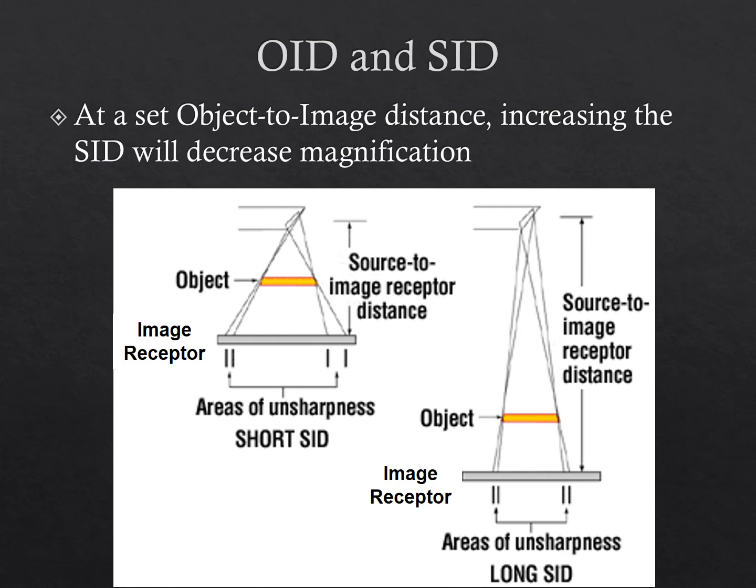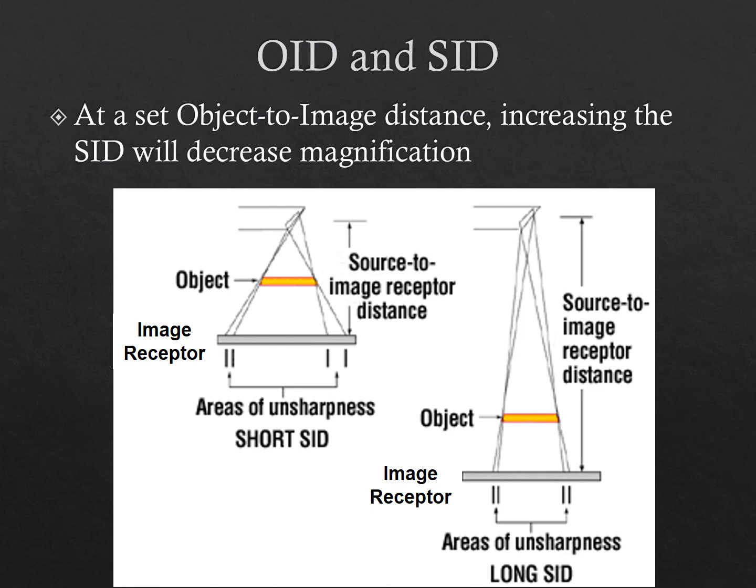So I will have a larger area of unsharpness. Notice how my area of unsharpness is greater on one side than the other. Which one is it going to be greater under? The cathode. Yep, the cathode end will display a greater area of unsharpness at those shorter SIDs.